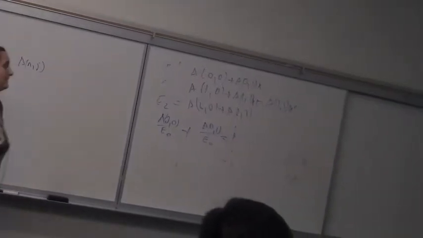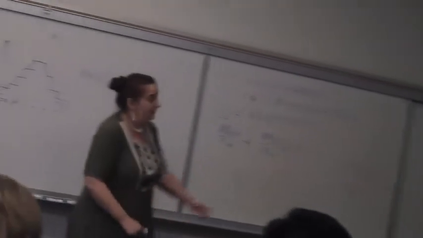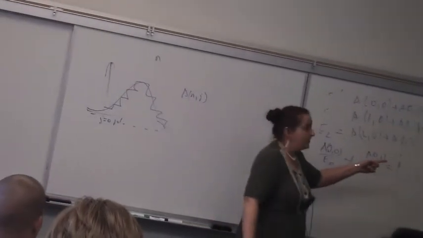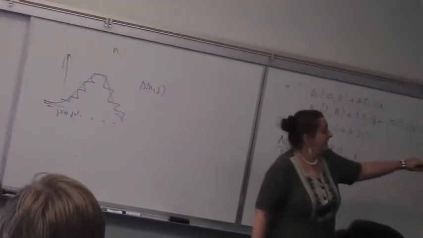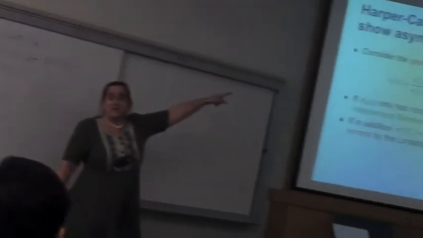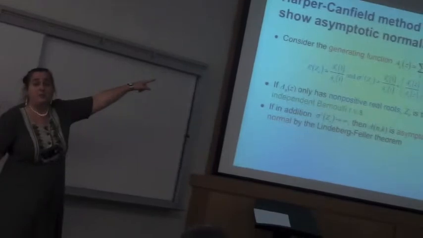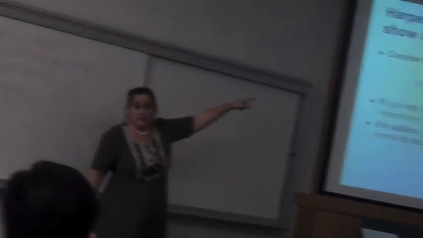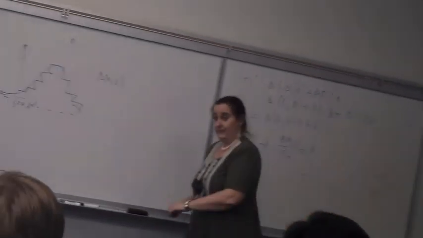In fact, a version of the Lindeberg-Feller theorem, which is a nice complicated theorem, implies that it's enough to know that the variance goes to infinity as n goes to infinity to show that this sum is indeed asymptotically normal. And I have the variance up there. I can compute it once I know what the generating function is. So we have a method to do this.